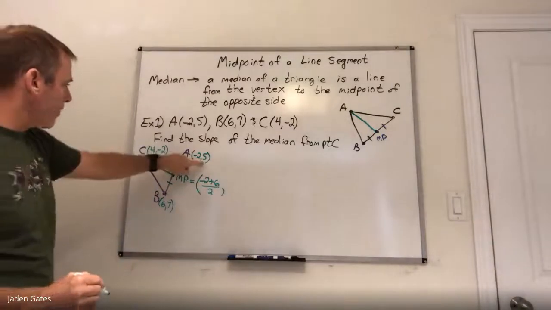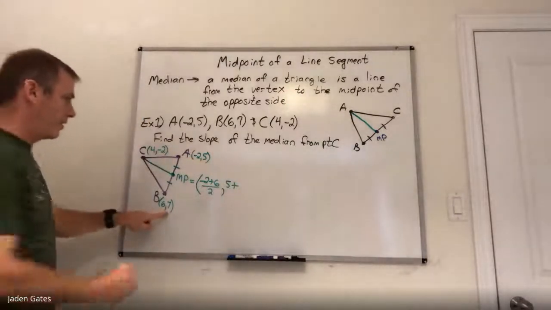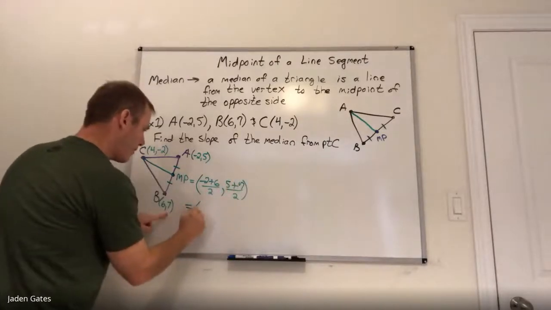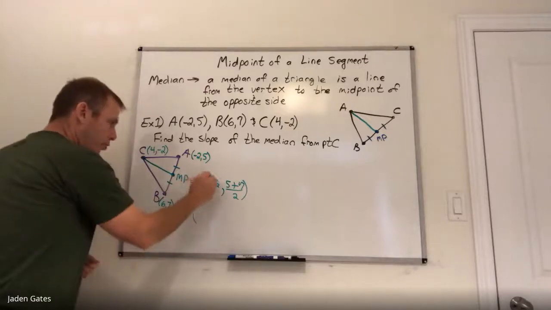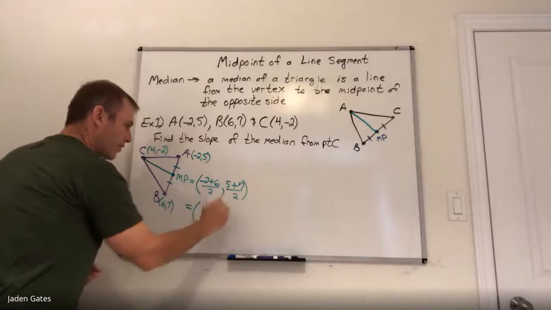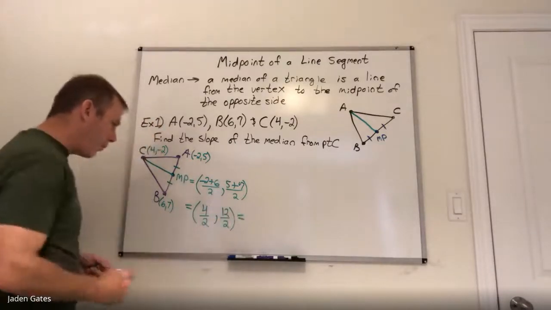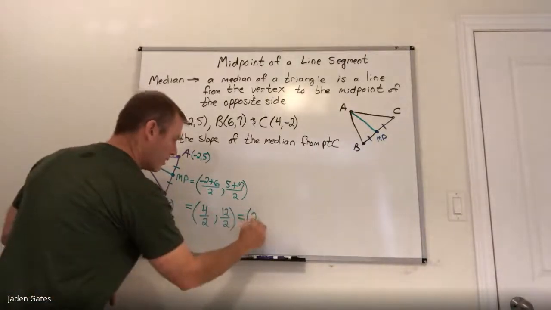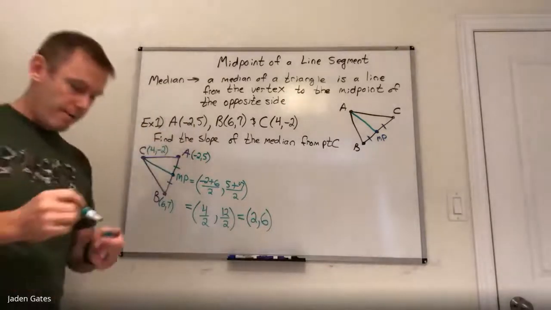My y coordinates, I've got 5 plus 7, and divide by 2. All right, so a little math on the side here. I have -2 plus 6, that's a 4, and divide by 2. 5 plus 7 is 12, and divide by 2. And so my midpoint is actually going to be, simplified, 4 divided by 2 is 2, and 12 divided by 2 is 6. So there's my midpoint, (2, 6).